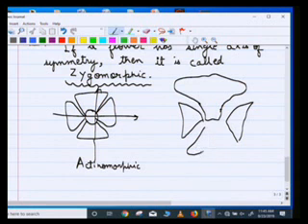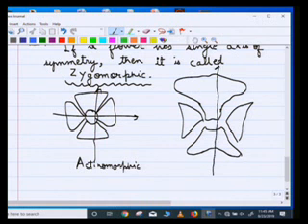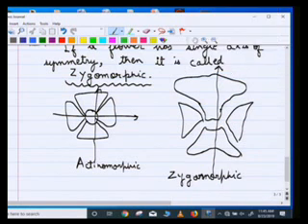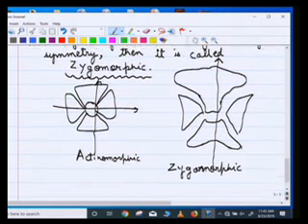And then there is this. Now this flower has only this single axis of symmetry. So this is called zygomorphic.